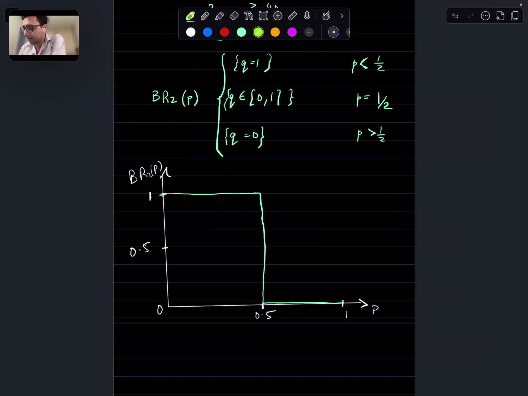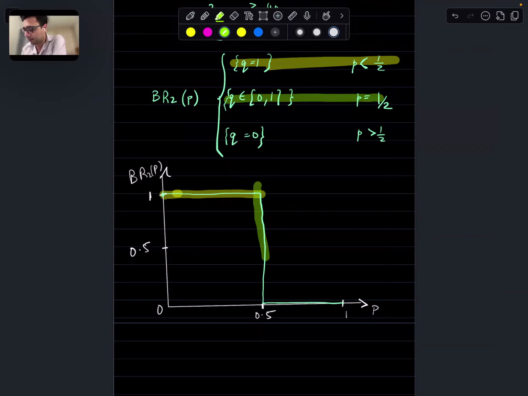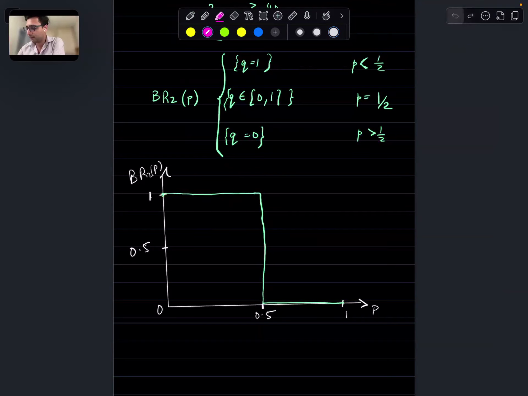Okay, so this is how we drew the three parts of the curve. This is this part. This is this part. And this is this part. Okay. All right.